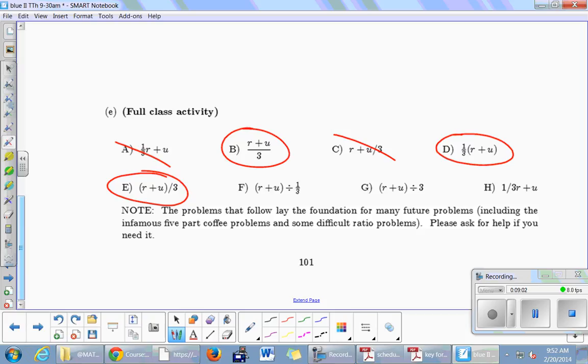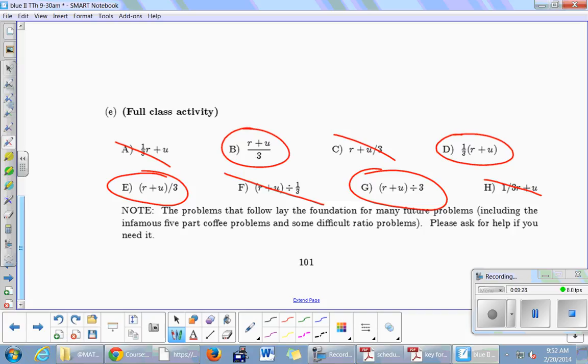So this is like taking R plus U and timesing it by 3, which is not what it says. So this one's out. G is fine. It says take R plus U and divide the whole thing by 3. And what about H? It's only applying it to the R, not to the whole thing. That one's out.